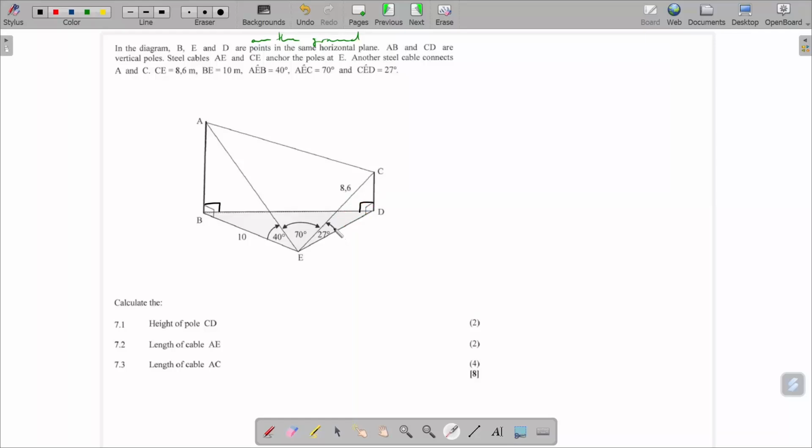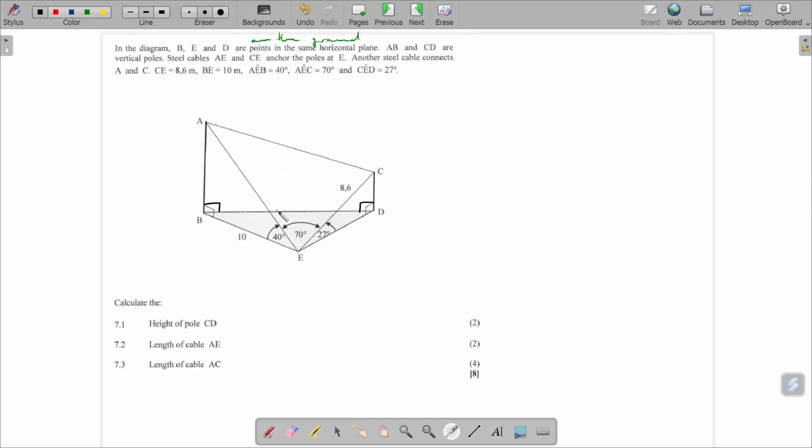What might not be immediately obvious is how the 70 plays in. You've got a triangle that is sitting here, slanting away from you. Nothing about it is right angled, nothing about it is vertical, nothing about it is horizontal. It is just a triangle sliced away from you.